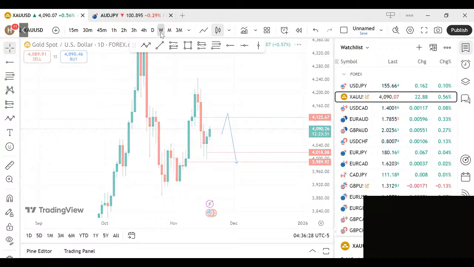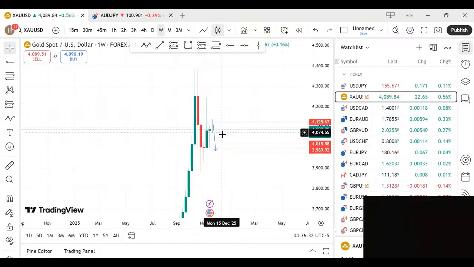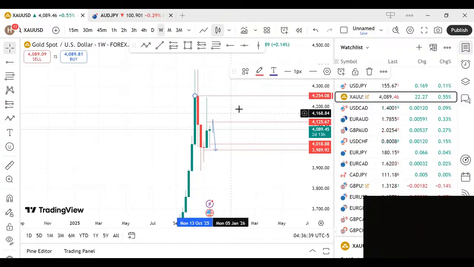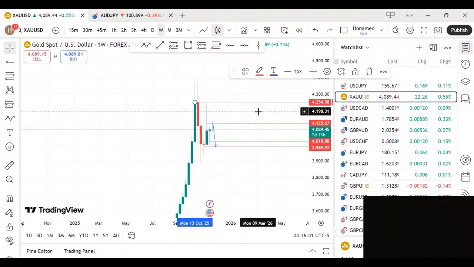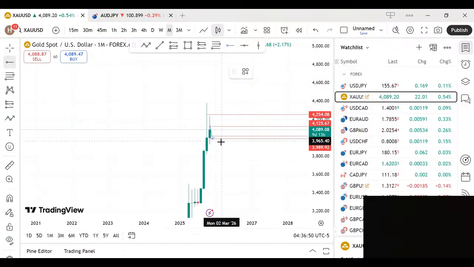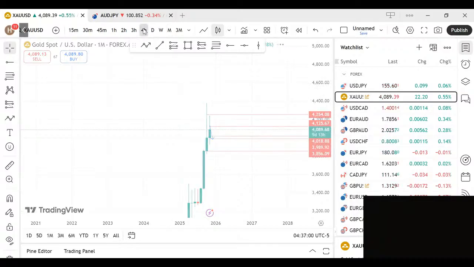I've not really seen a bullish sign on the weekly time frame, except this particular week we close above this high with a full body candle. For now it's bearish. I want to believe it's selling to a particular point on the monthly time frame, maybe selling to this particular open close level before it commences its buy again. So that's what I want to see on gold.